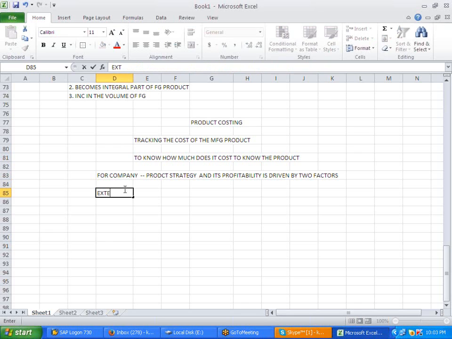One is external and another one is internal. Let's look at a few external factors.